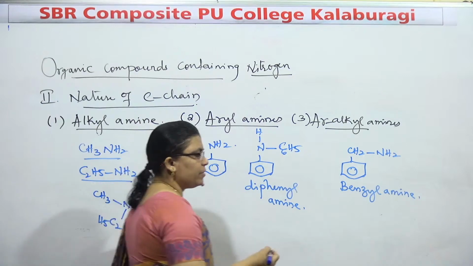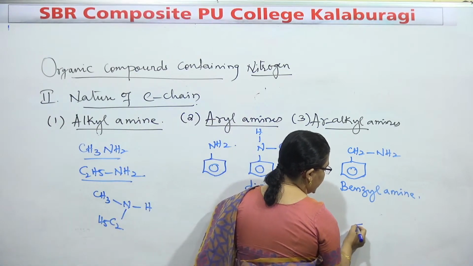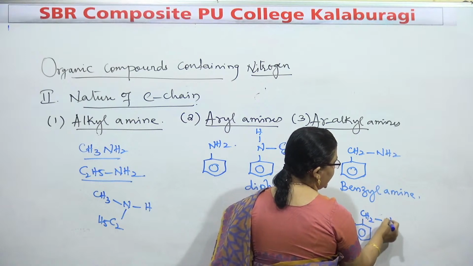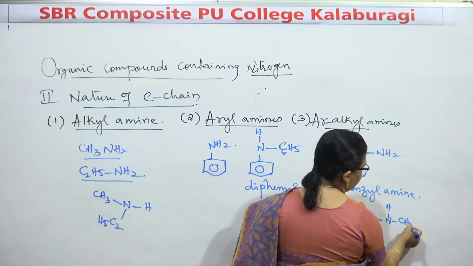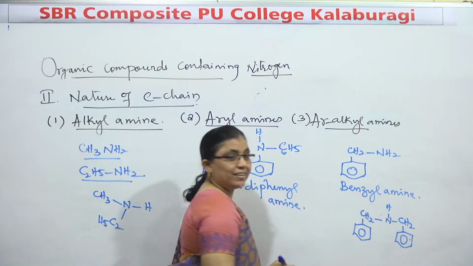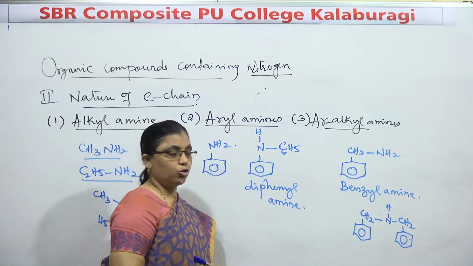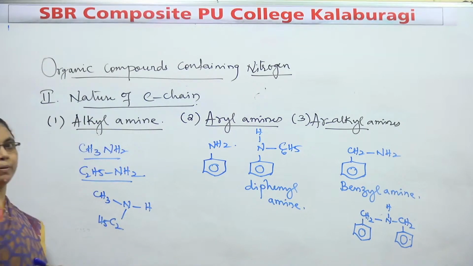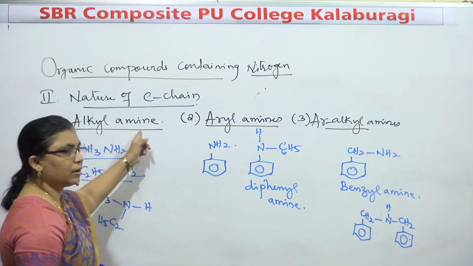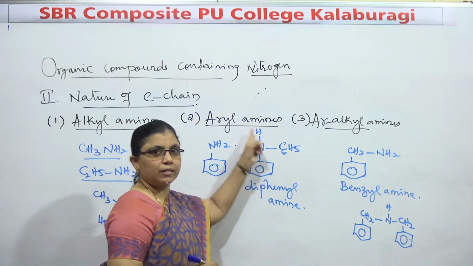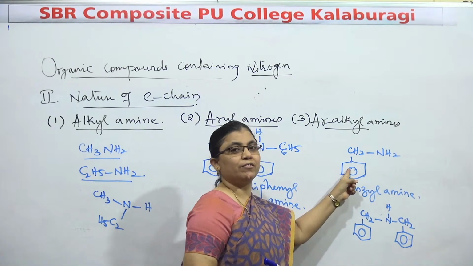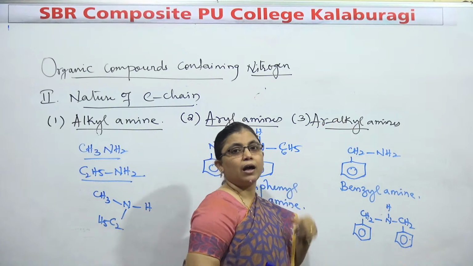Even we can take dibenzylamine also, which is a secondary. So based upon the nature of the carbon chain, completely alkyl, they are called as alkylamine. If aromatic, they are called as arylamine. And where the nitrogen is on a side chain to benzene, they are called as aralkylamine.